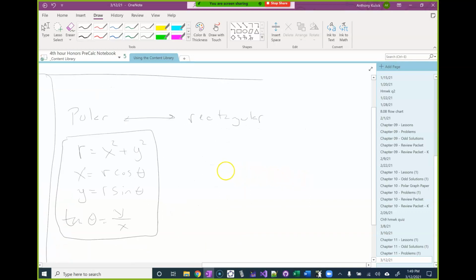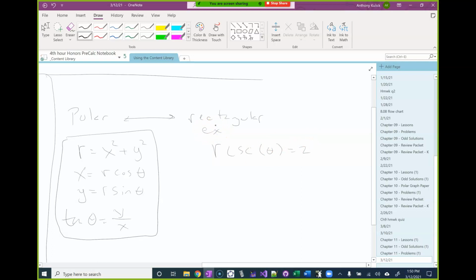So Keaton, one of your questions was you had wanted to convert r cosecant theta equals 2. Okay. So let's do that as an example.